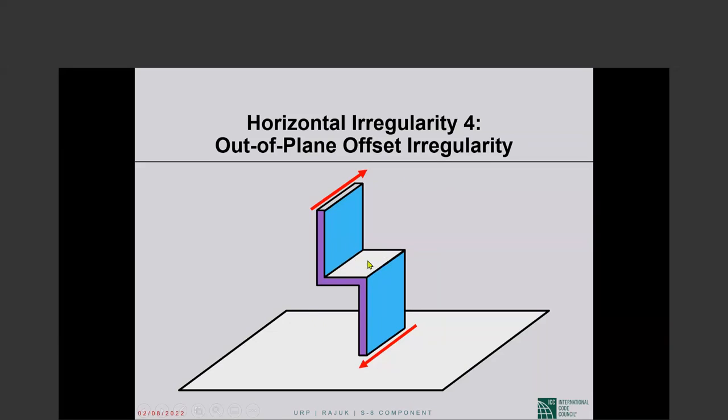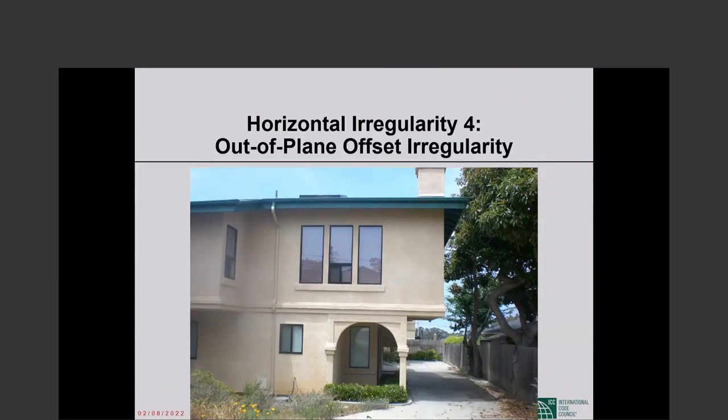This is called a transfer diaphragm when the diaphragm has to transfer the shear from the base of this wall to the top of the continuing wall. This transfer diaphragm has to be treated properly in design. Those transfer forces have to be treated properly. But anyway, this is out of plane offset irregularity.